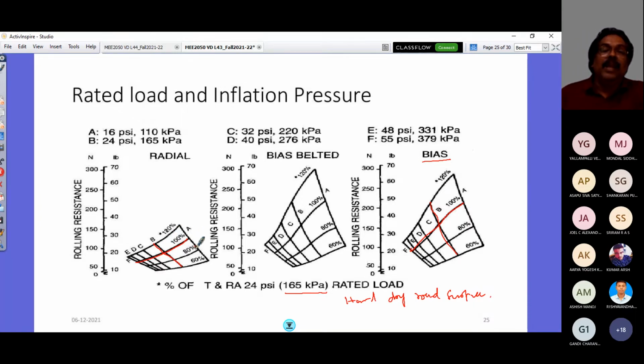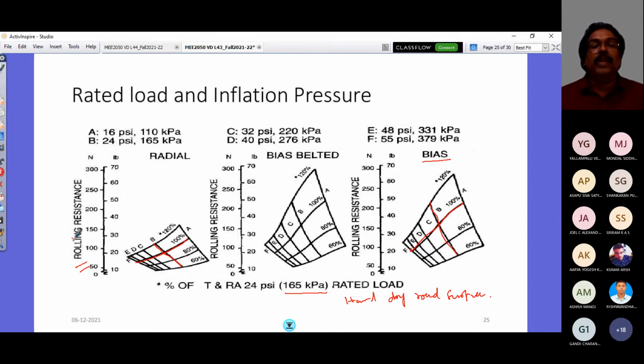On the other hand, if you increase the load, you see it increases, because more load gives more contact patch area, and that is going to put the resultant of the normal load offset distance more. Obviously there is more rolling resistance moment, and to balance that, the increase in rolling resistance will come, and that has been quantified by means of the rolling resistance coefficient. In this case, it is not put explicitly as a rolling resistance coefficient.